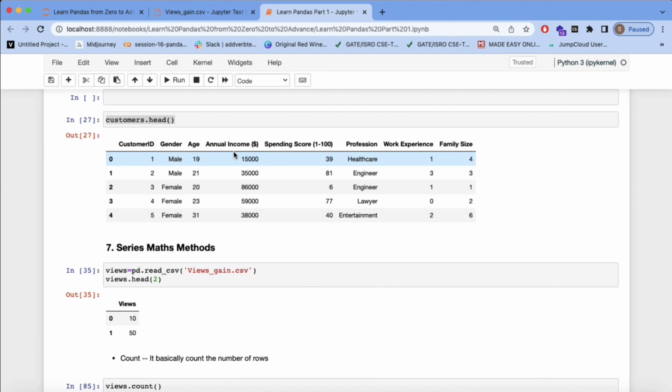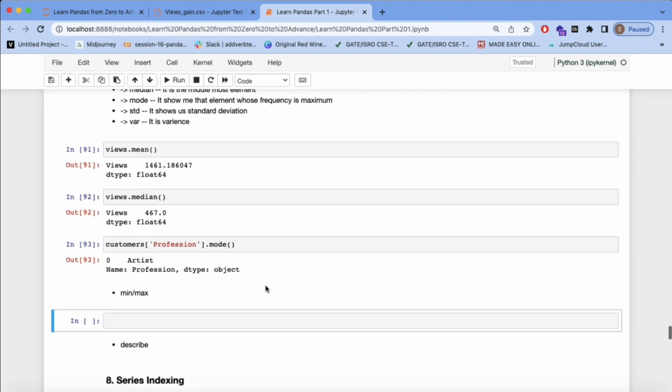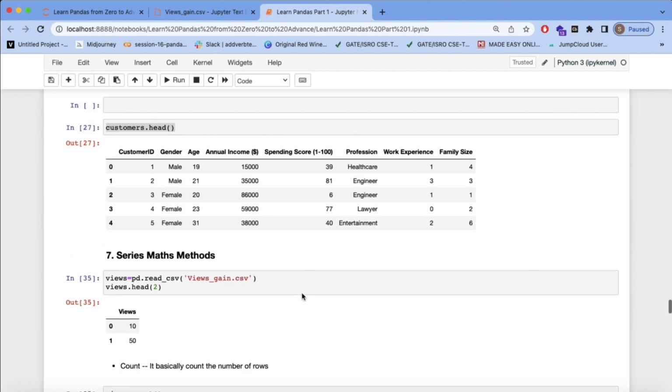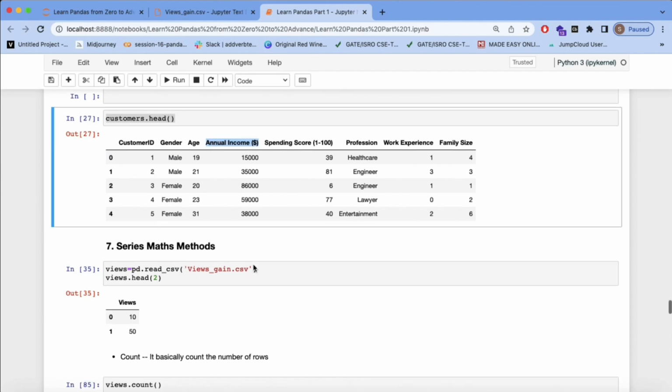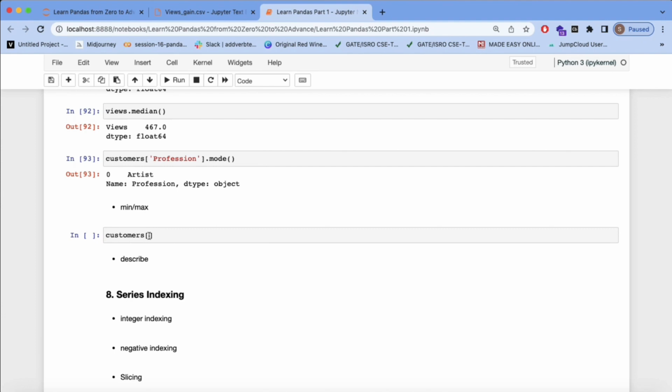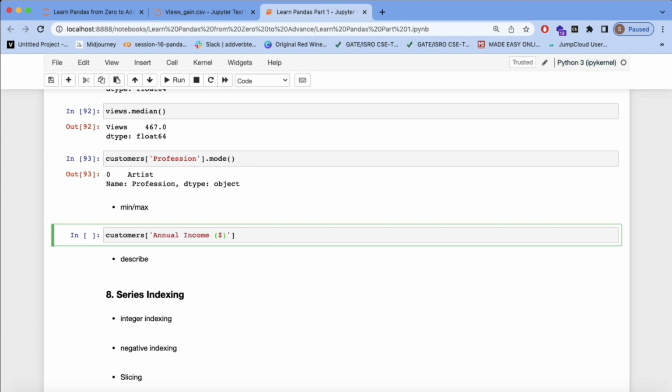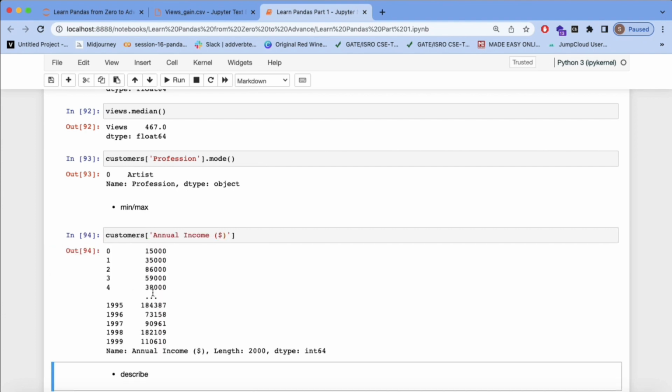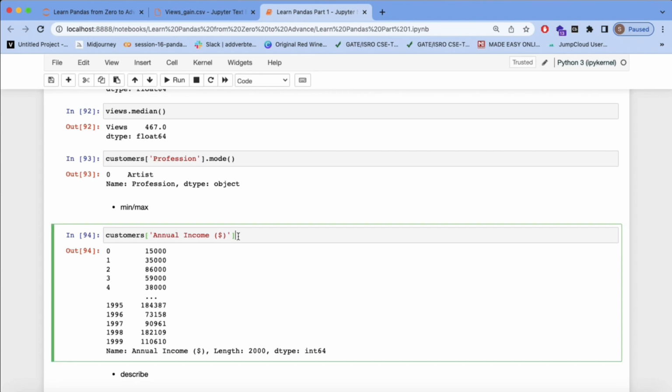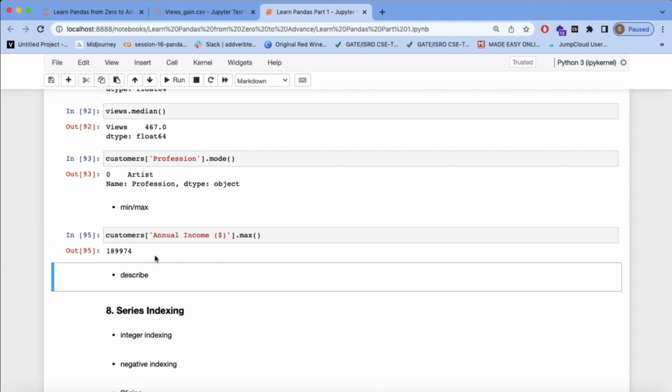You simply do customer and fetch the column annual income. It gives you the annual income of the entire customer ID. If I do max, it shows me the maximum annual income of any customer.